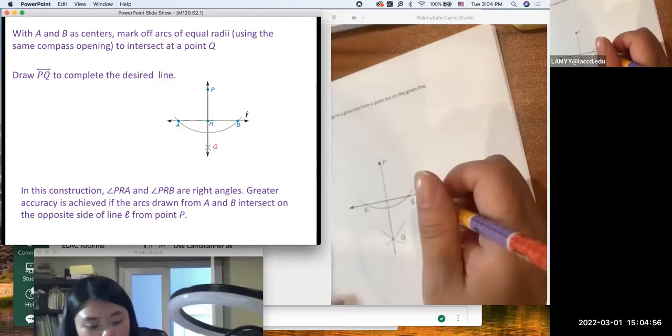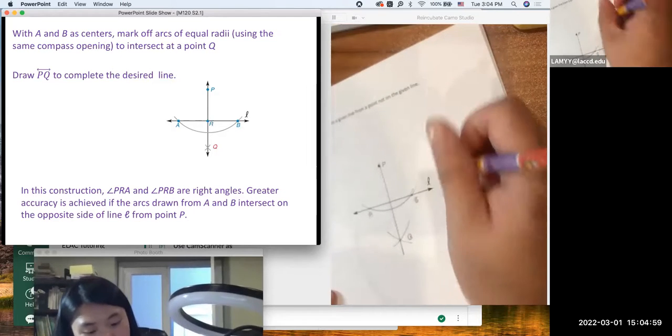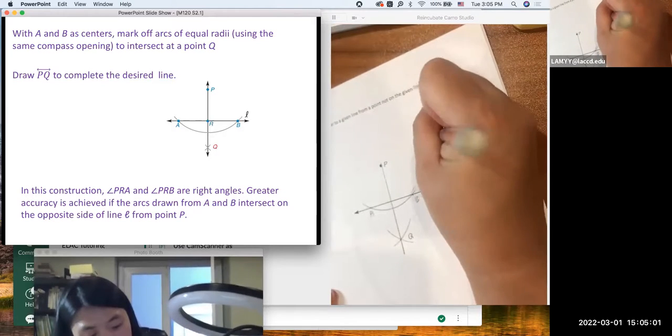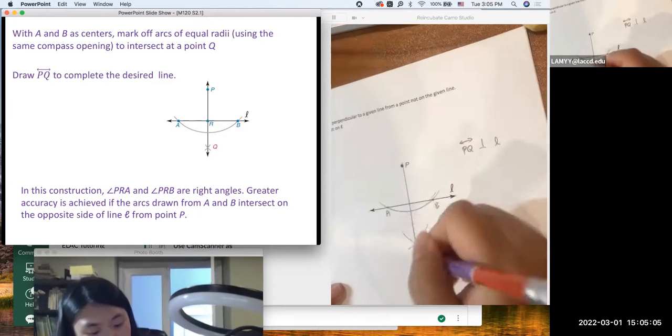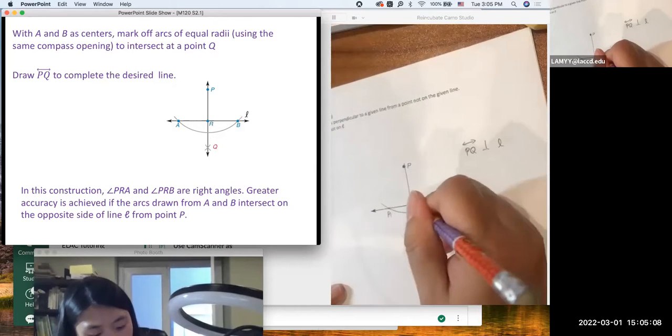And then we know line PQ is perpendicular to the line L. PQ perpendicular to L, so this is gonna be a right angle.